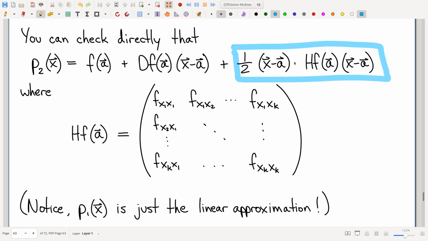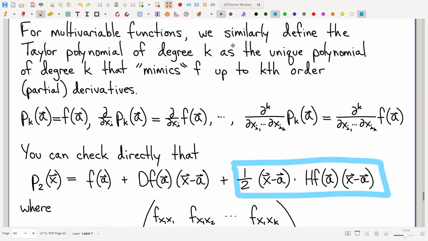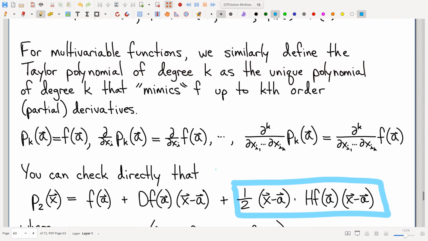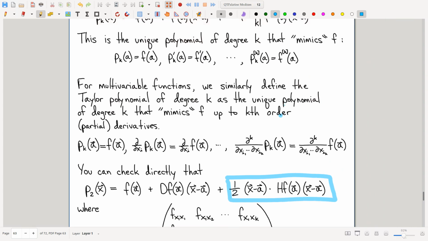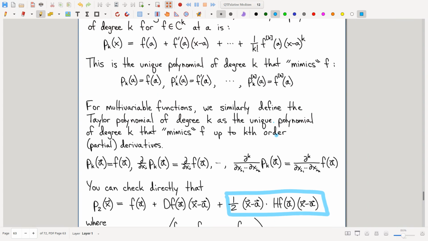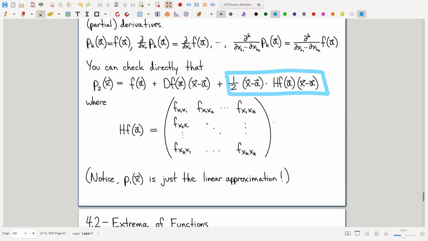You'll even notice it looks vaguely like the single variable version. Y'all know what the single variable second order term is. It has a 1/2. It has 2 factors of x minus a because it's x minus a squared. Well, here it's not squared. Here it's just 2 different factors in different places.